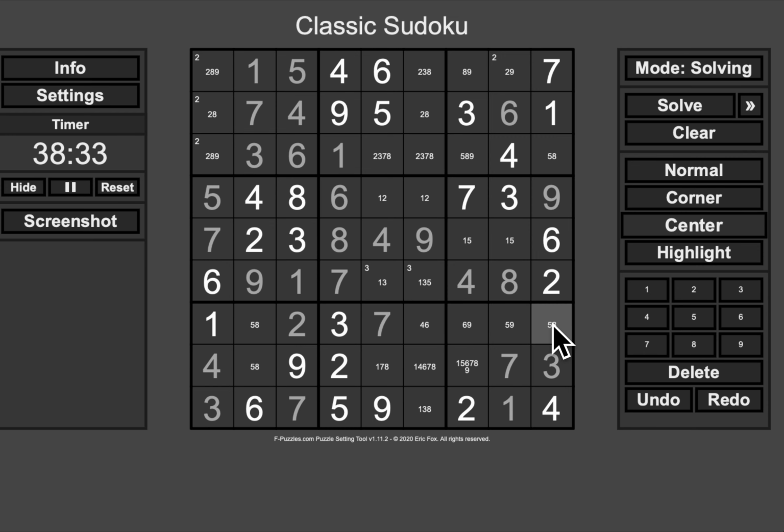Okay, 5 and 8, 5 and 8 there means this definitively cannot be a 5. So that must be 9, which makes that 2. So that's not 2, no matter how you look at it.